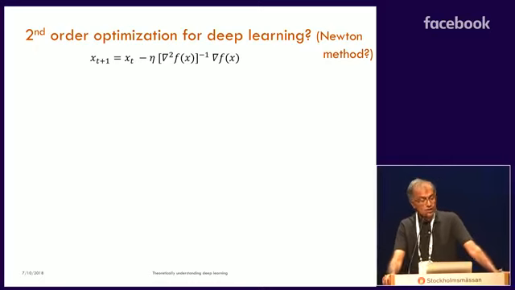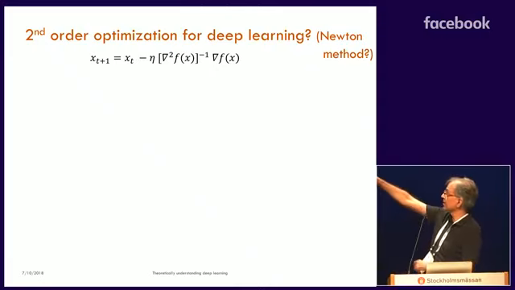Okay, so talking about second order methods and second order notions, what about second order optimization for deep learning? In classical optimization, it's actually quite normal to use the second order derivative, the so-called Newton method, which, remember, looks something like this: your update is not just along the gradient, but it's scaled by the inverse of the Hessian.